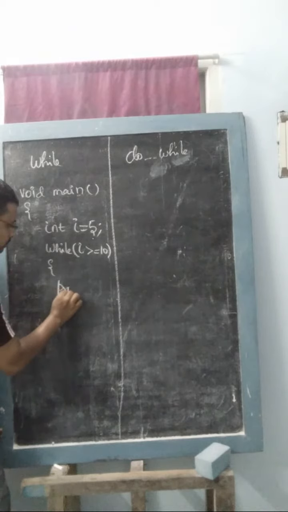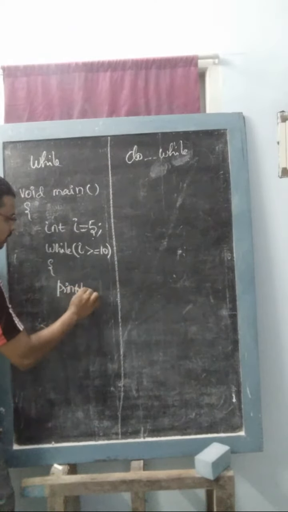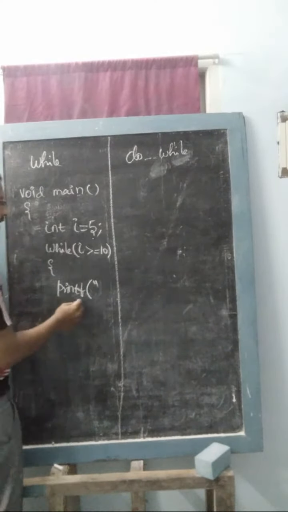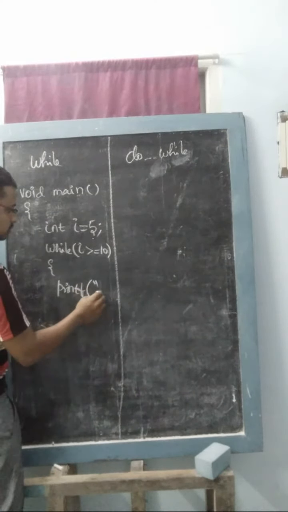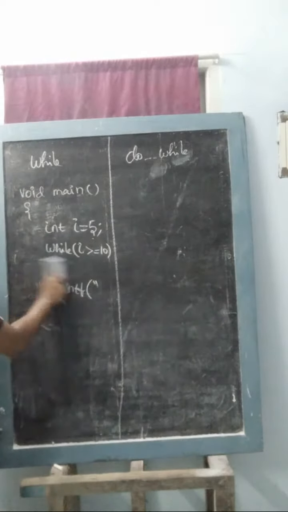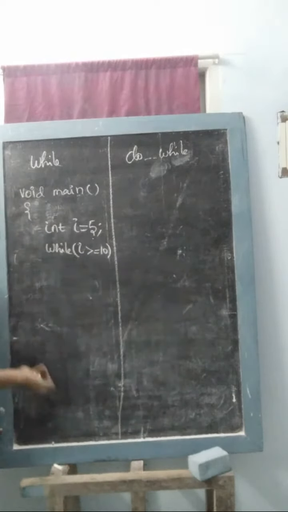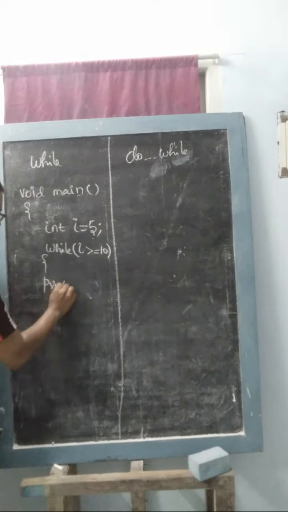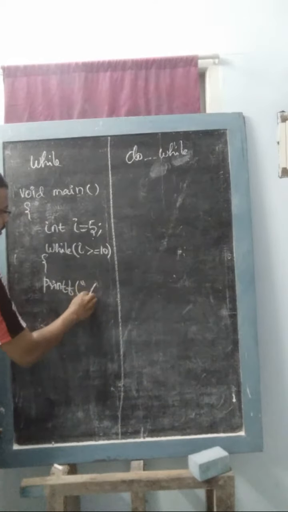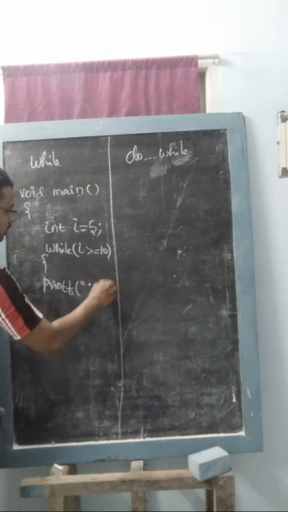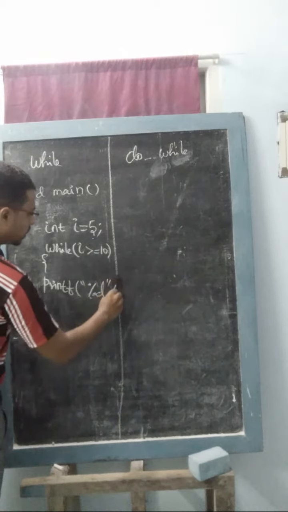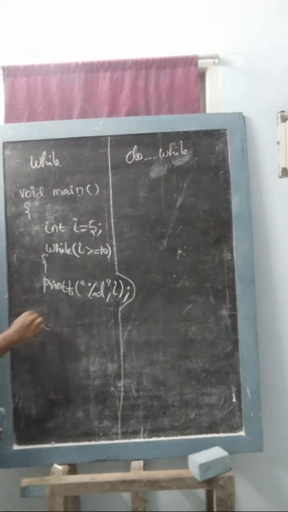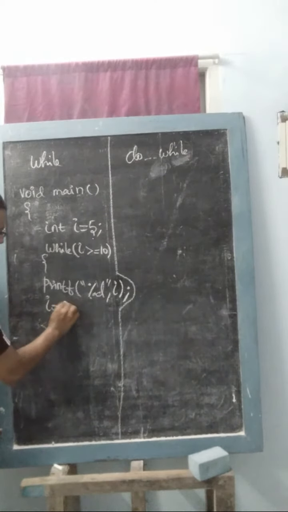printf. We are going to print the I value, percentage d and then comma I. Okay, and then I is equal to I plus 1.